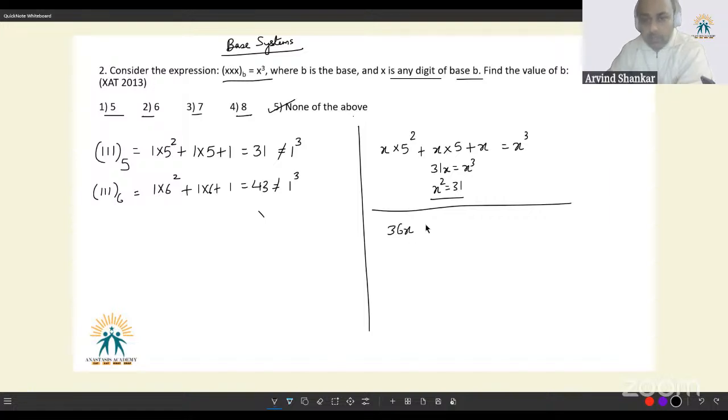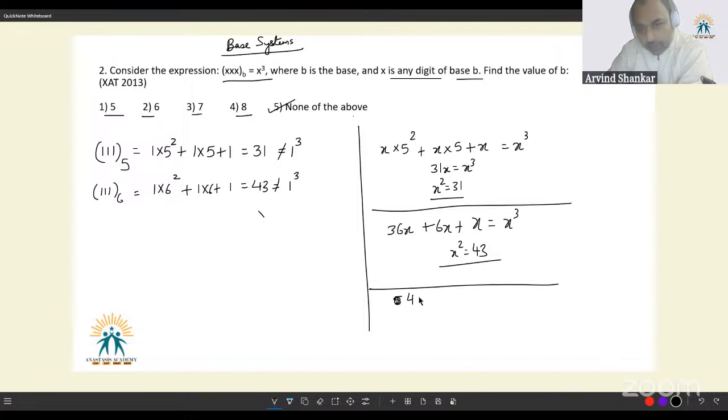36x plus 6x plus x is equal to x cube, I'm jumping the gun a little, which would get us to x square is equal to 43. No case where this will be valid. Or 50, sorry, we are not there yet. 49x plus 7x plus x is equal to x cube. X square is equal to 57.